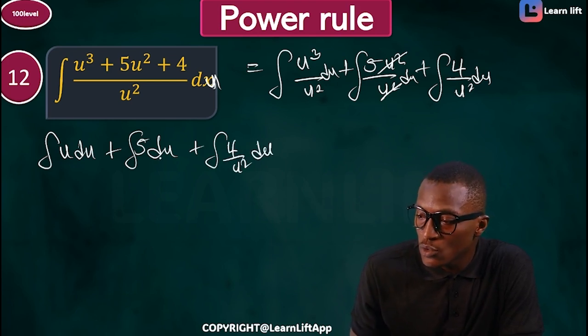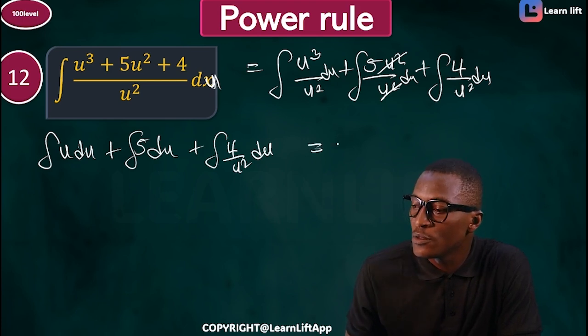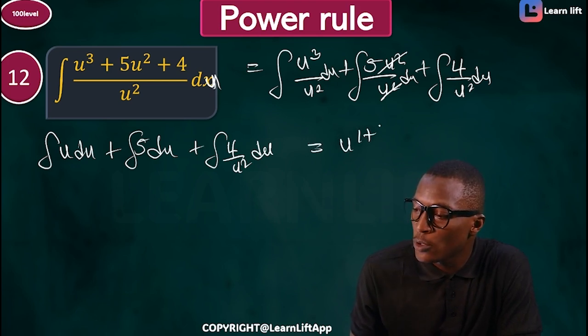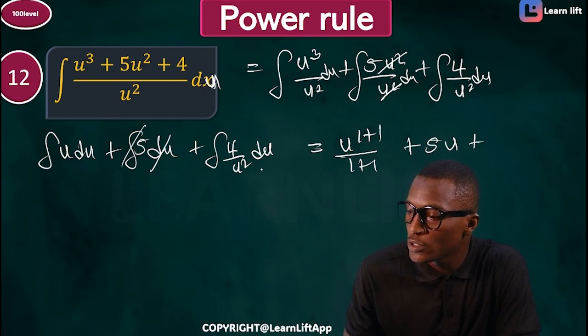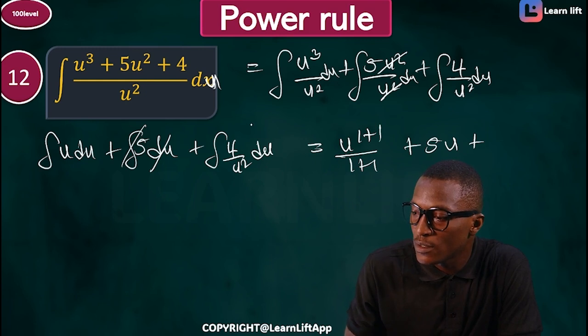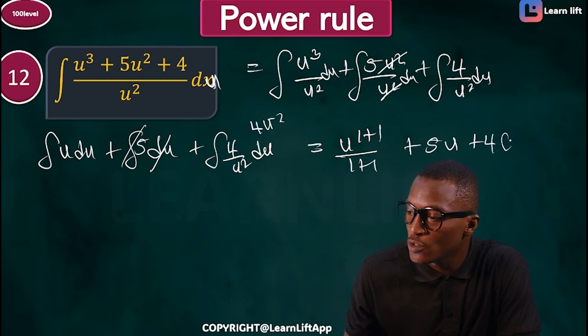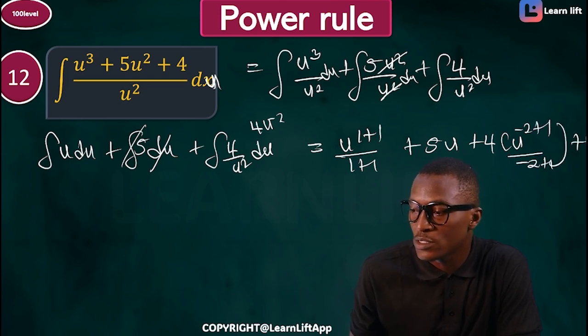Now, let's go straight. This will give me u raised to power 1 plus 1, because the power here is 1, all over 1 plus 1, plus this one, the 5 will come out. That will give me 5u. Is that correct? Because this will cancel. Plus this one is the same thing as 4u raised to power minus 2. That will give me 4 into u raised to power minus 2 plus 1 all over minus 2 plus 1, plus c. Is that correct?